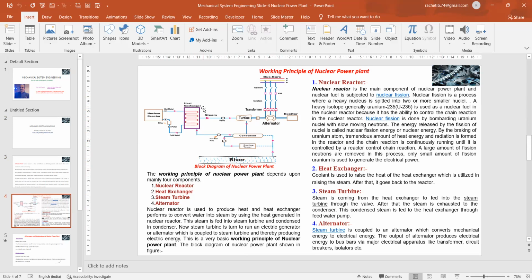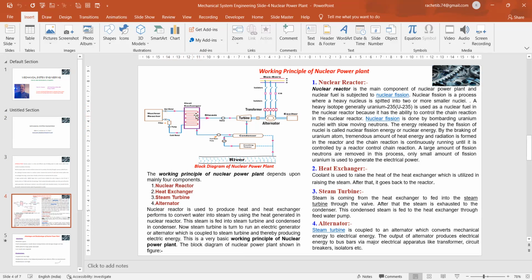generated in the primary circuit, and that energy, or you can say heat, is carried out by this coolant, heavy water, that is in the form of hot metal, and it flows through the heat exchanger, where it exchanges its heat to the water present in the tubes. That is, this heat exchanger we also call it as a boiler.